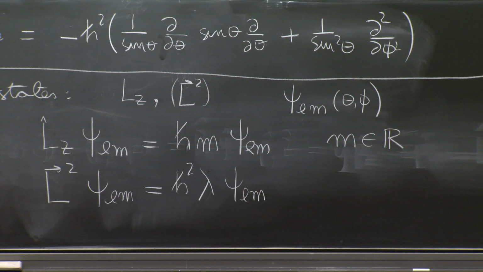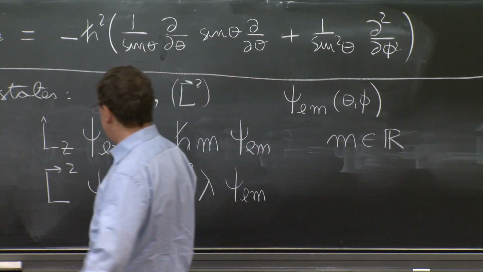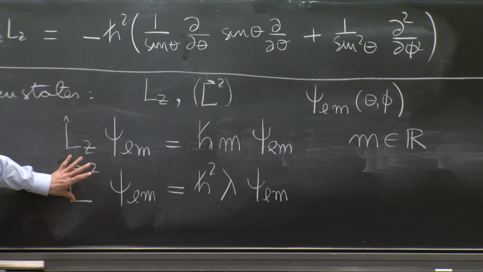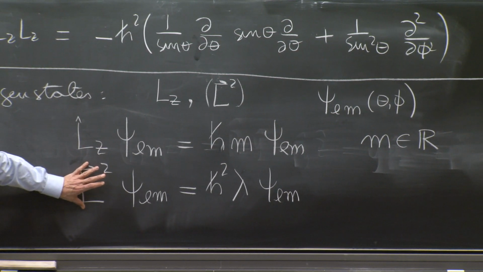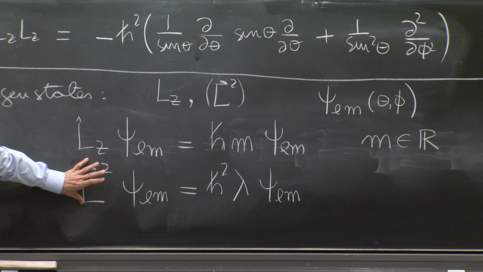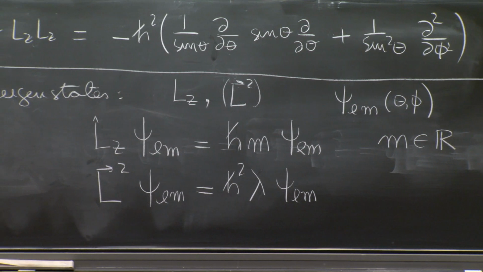Now this lambda, do I know anything about this lambda? Well, I could argue that this lambda has to be positive. And the reason is that this begins as some sort of positive operator. It's L squared.